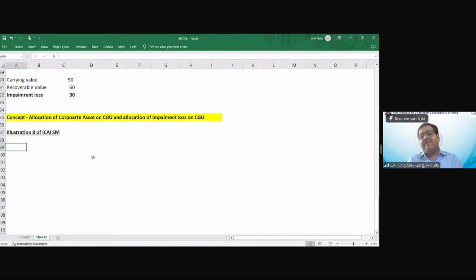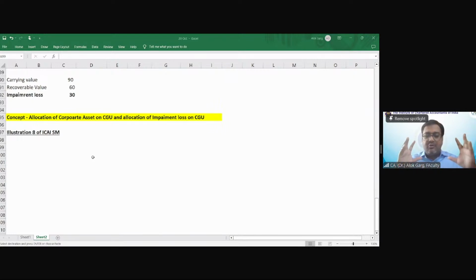I'll give you some steps and then we'll discuss. Step number 1, allocate corporate asset in the ratio of CGU. In this question, the corporate asset value is 10 million, and it belongs to 2 CGUs.